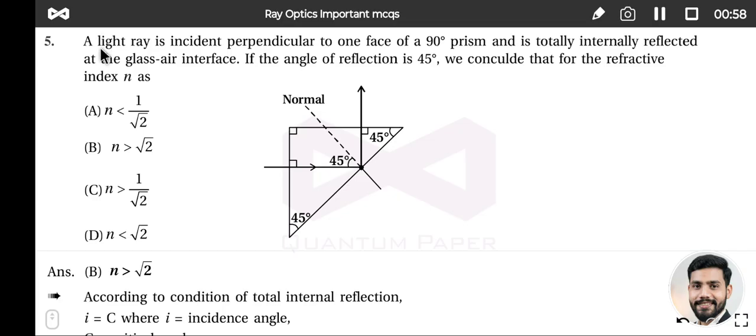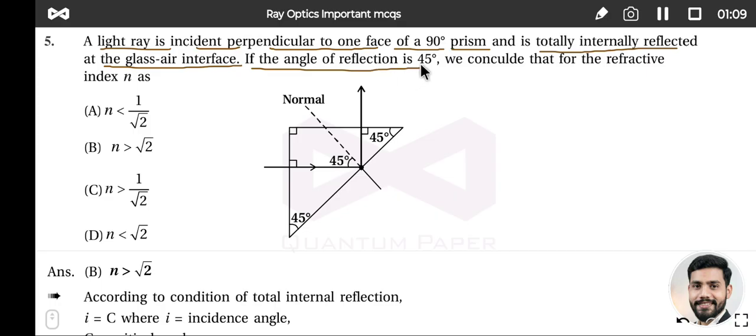So the question is, a light ray is incident perpendicular to one of the faces of a 90 degree prism and is totally internally reflected at the glass air interface. If the angle of reflection is 45 degree, we can conclude that the refractive index n is? If you look at this question, in the diagram light is entering perpendicular to the face of the prism. Whenever a ray of light enters perpendicular to the surface, it always goes without deflection.